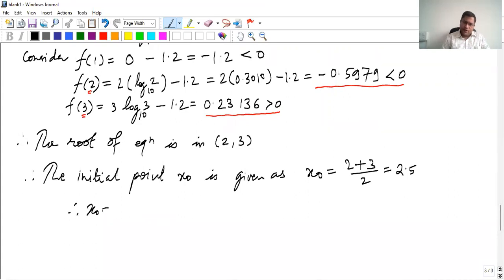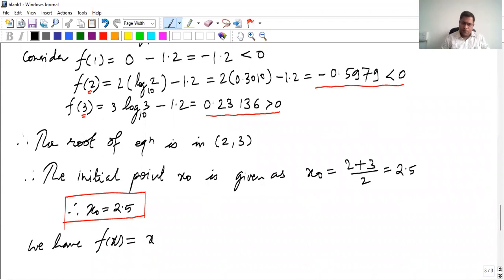We got x0 is equal to 2.5. That's what we know. Now think of the function.